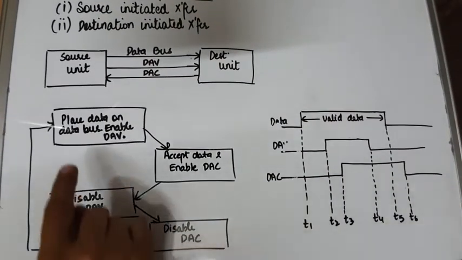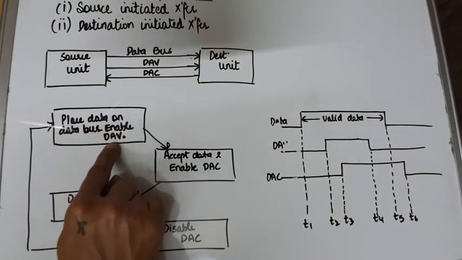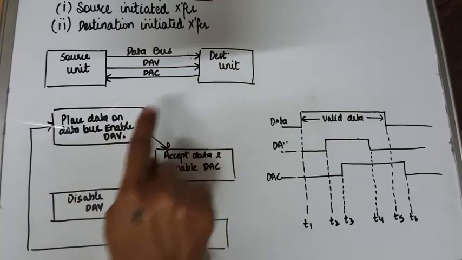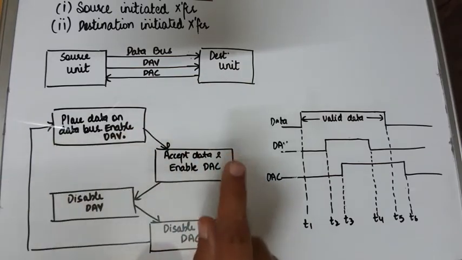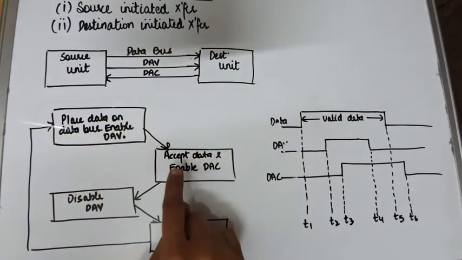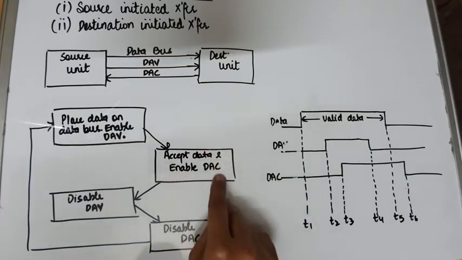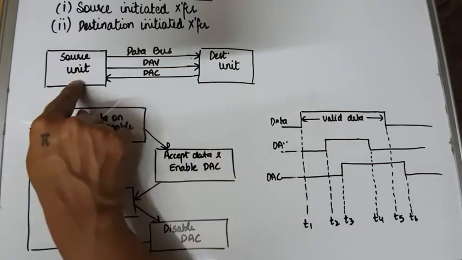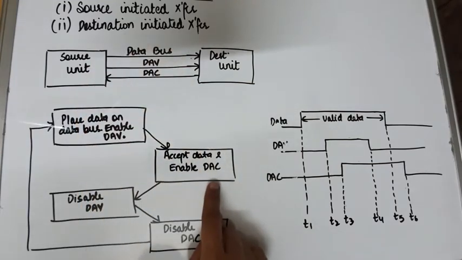This flowchart goes as follows: the source unit places data on the data bus and enables the DAV signal, which is a signal to the destination unit that there is some data on the data bus and you need to read it. The destination unit, on sensing the data available signal, accepts the data and enables the DAC signal, the data accepted signal. It is telling the source unit that it has read the data kept on the data bus.